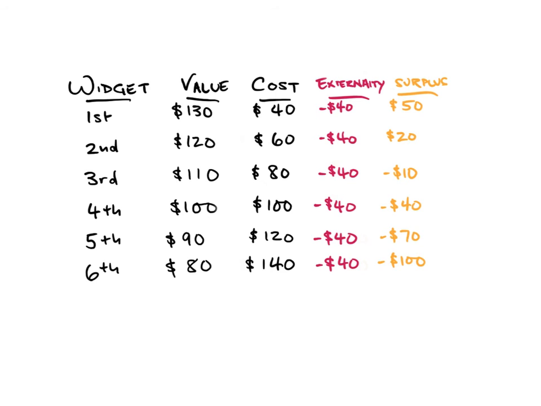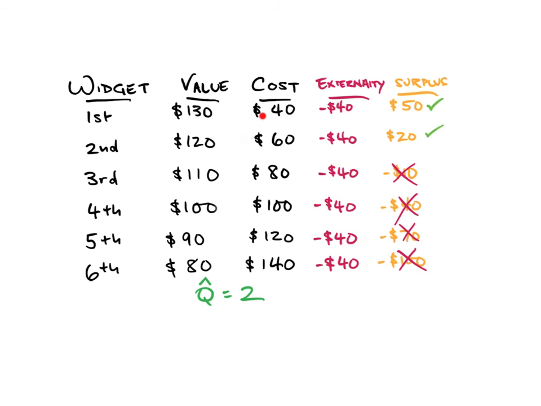Okay, so this is just a setup, and this is a starting point for analyzing the economy, whether a social planner takes care of the economy or the market does. If the social planner is running the economy, the social planner thinks about what maximizes total surplus for everyone in the economy. The first widget brings $130 of value to someone.